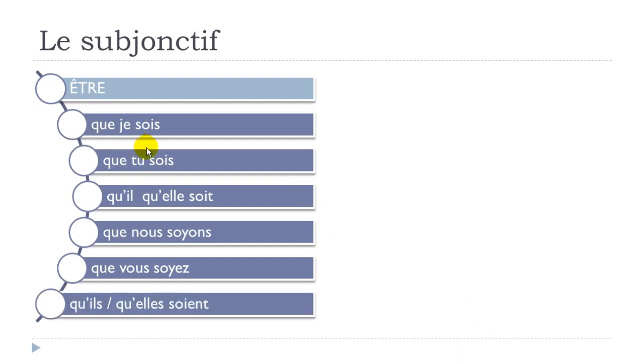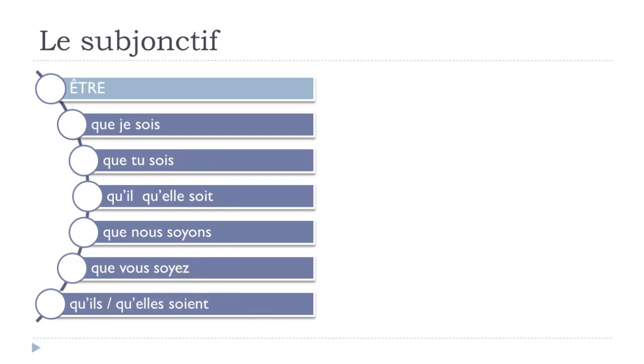As usual, the good news is that sois and soit are written differently, but you pronounce them the same way. And then soyons for nous, soyez for vous. So I repeat: que je sois, que tu sois, qu'il soit, qu'elle soit, que nous soyons, que vous soyez.